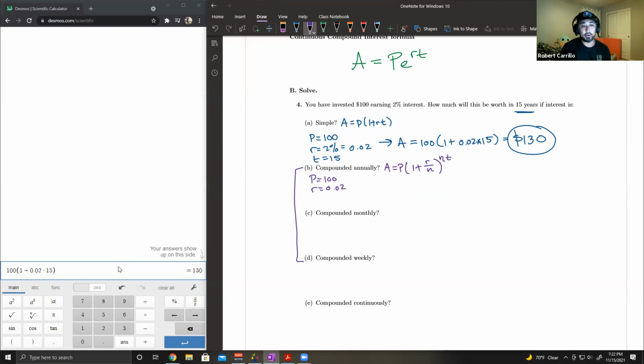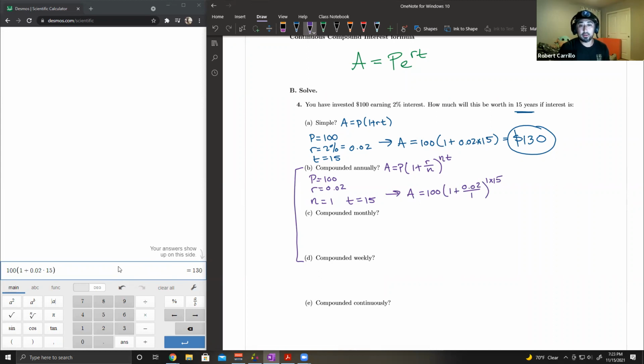So that's the new one we throw in there. N is going to be 1, and then time is still 15. Okay, we have everything we need. So plug it in. A equals 100 times 1 plus 0.02 over 1 raised to the 1 times 15.